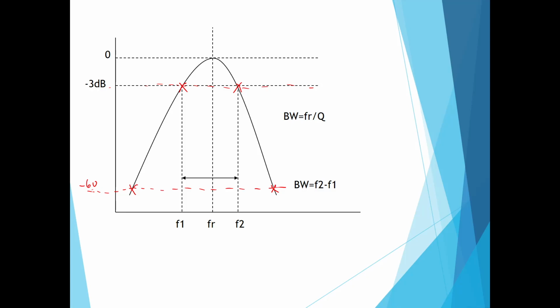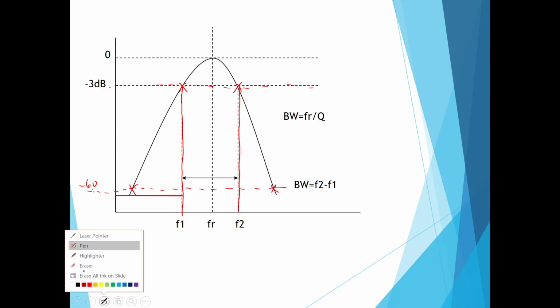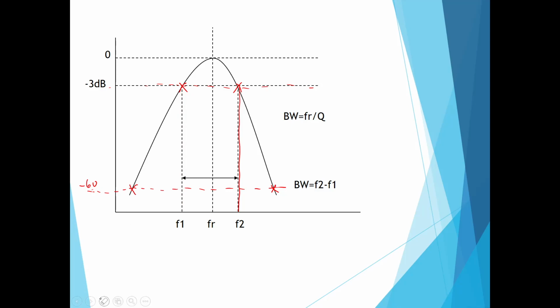So minus 3 dB crosses at frequencies F1 and F2, and minus 60 dB crosses at frequencies, for example, F3 and F4.